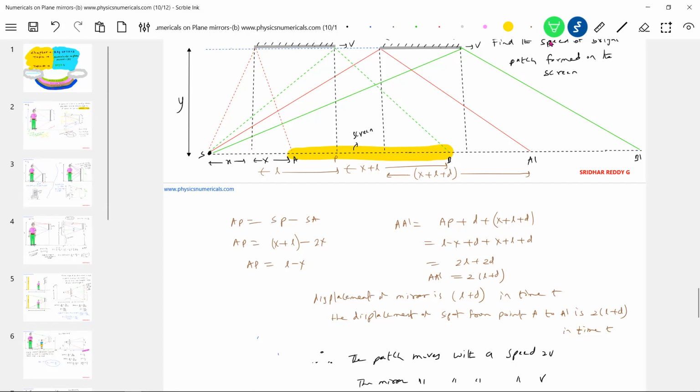Now, finally, what happened? AB was the patch. Now A dash, B dash will become the patch. It has undergone displacement. I'm showing by color the patch which was earlier here, now it will be available here. I keep on writing. Okay, this is the screen.